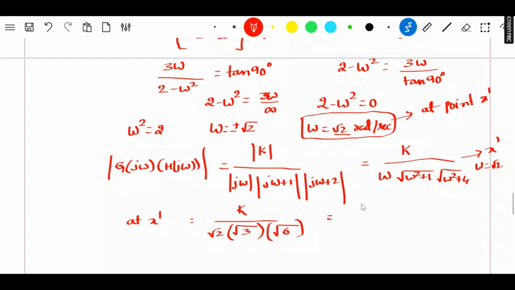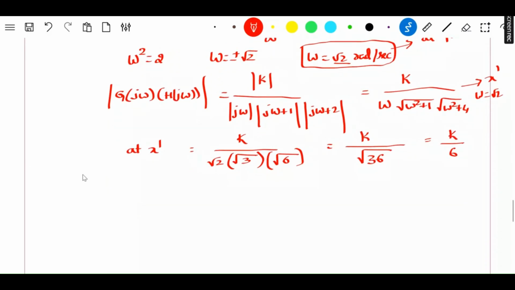Therefore, I can write this as k divided by square root of 2 into square root of 3 into square root of 6. Square root of 3 twos are 6, and 6 into 6 is 36. And we know the square root of 36 is 6. Therefore, at x dash, the magnitude is k divided by 6.